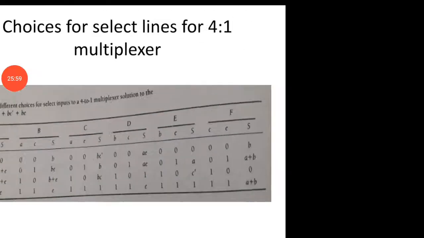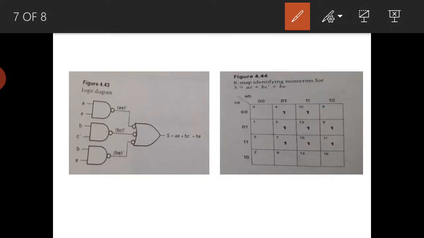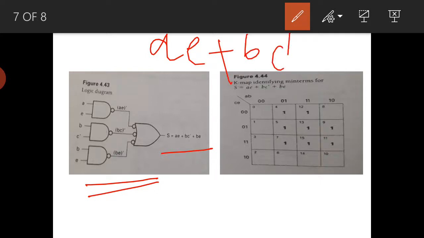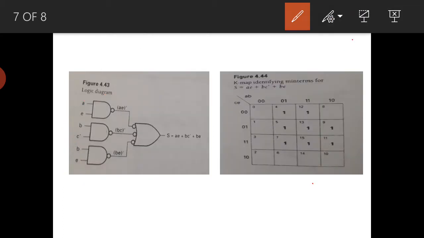Now, this is the normal expectation. By using the basic gates, realize the simplified AE plus BC bar plus BE. We can realize that with basic NAND gates and an OR gate with bubble, or the straightforward 3 AND gates and 1 OR gate. So this is by using the basic gates, not with a multiplexer.